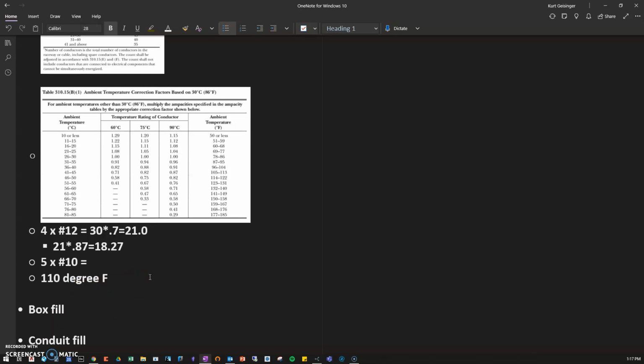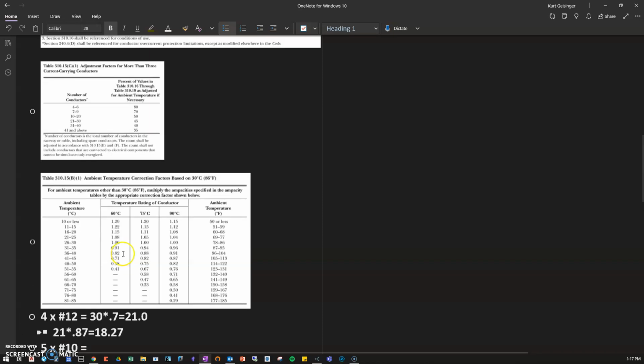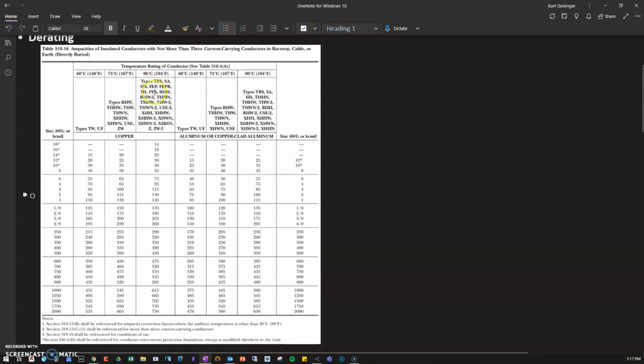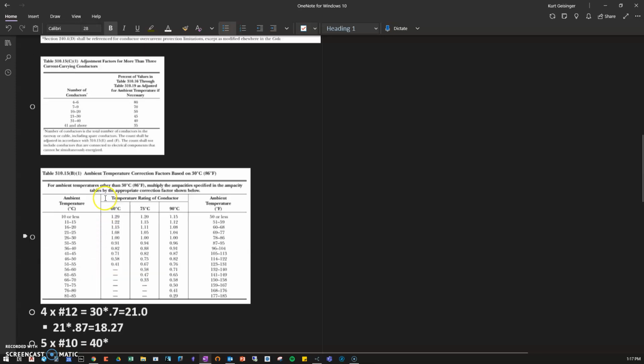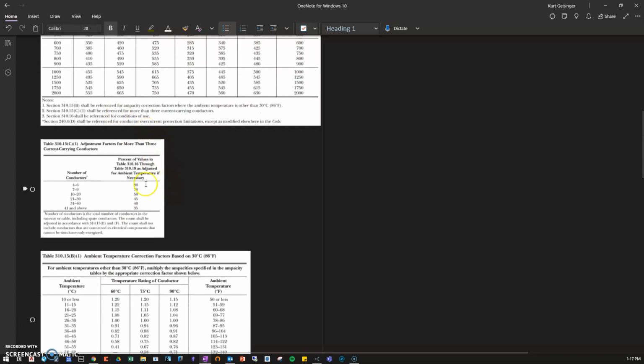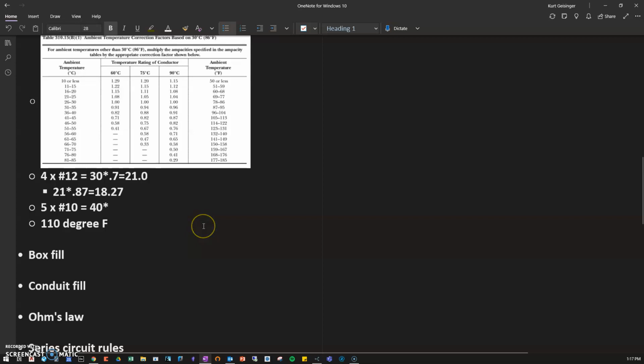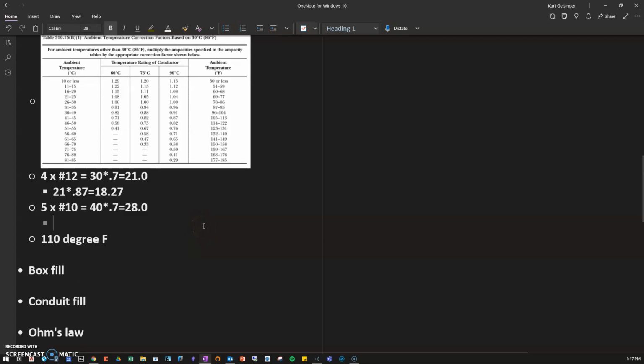I'm going to do the same line of logic for my number 10. What is the number 10 good to start with? Up here we can see it's 40 amps. So we're going to take our 40 amps and multiply it by the same 70% that we did up here. That's now only good for 28 amps.